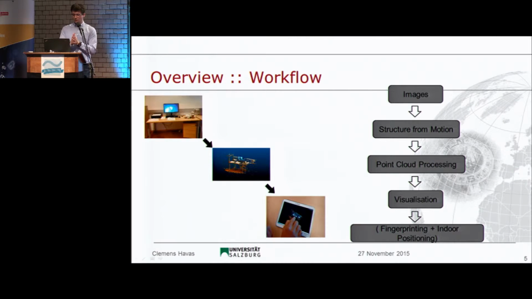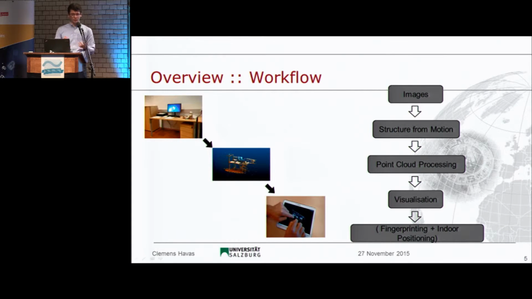So at the beginning of our project, we defined what could be our workflow. First, we take some images, then we process structure from motion. Shortly, a description of structure from motion: this is how you can get a 3D model out of 2D images, which is coupled with the local motion.